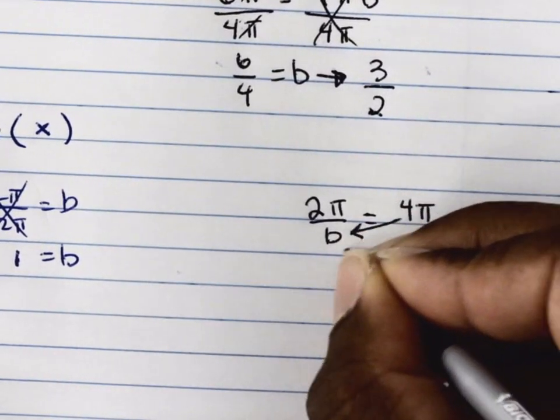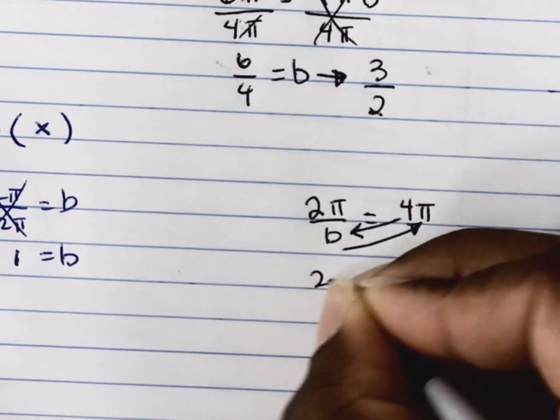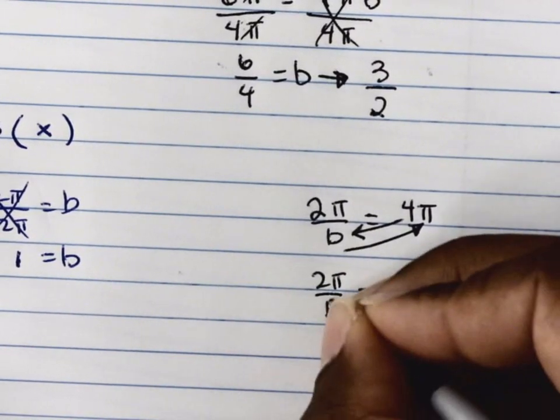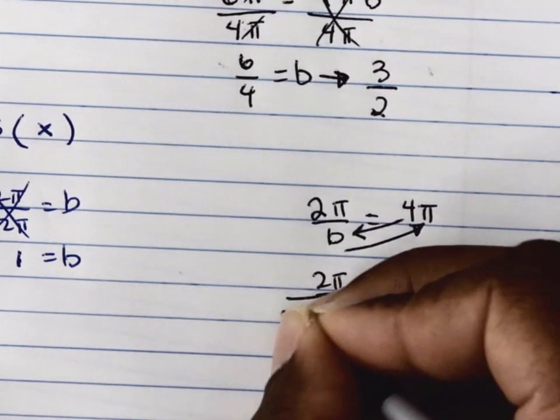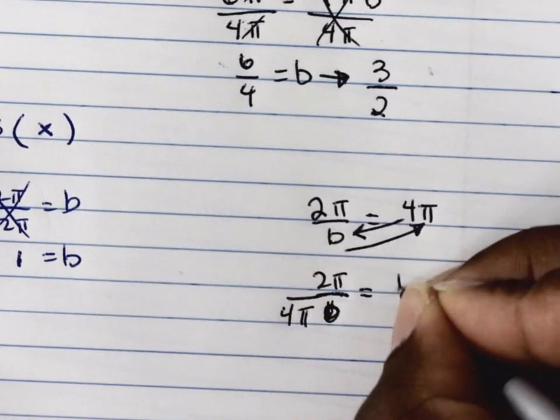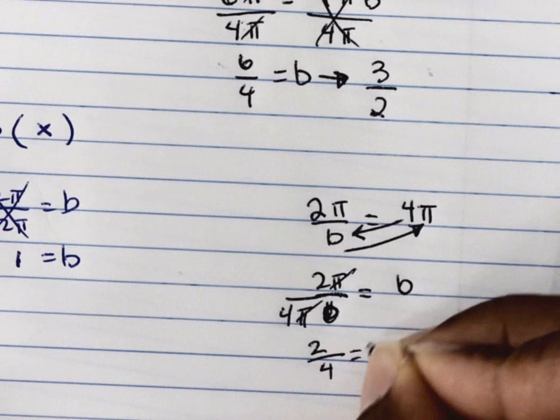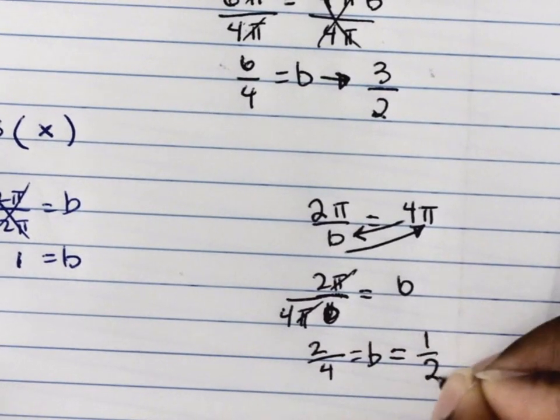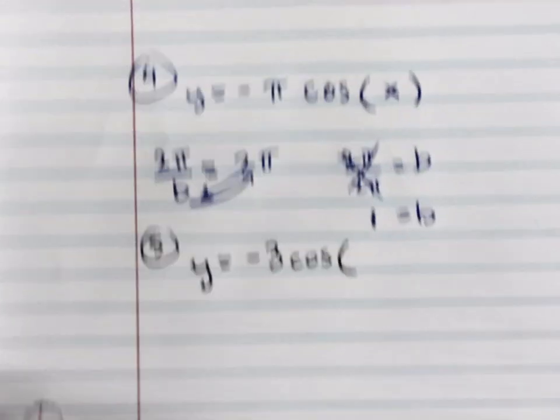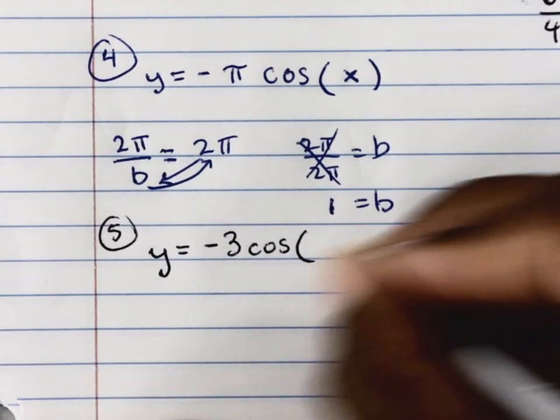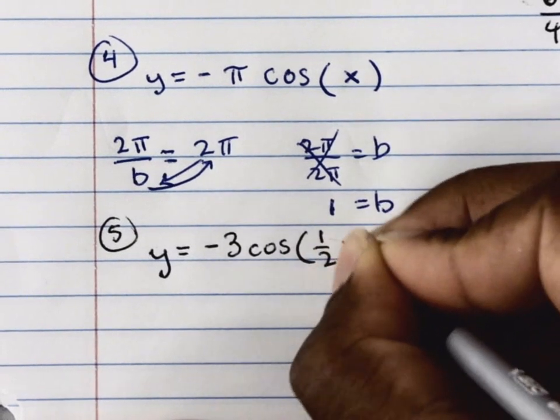Divide by 4, multiply by b. 2 pi over b equals, 2 pi over 4 pi equals b. Pi's cancel. I got 2 over 4 equals b. b equals 1/2. So 1/2 x.